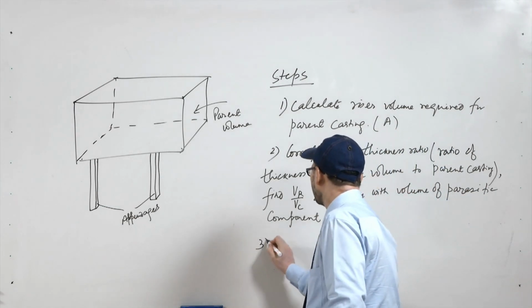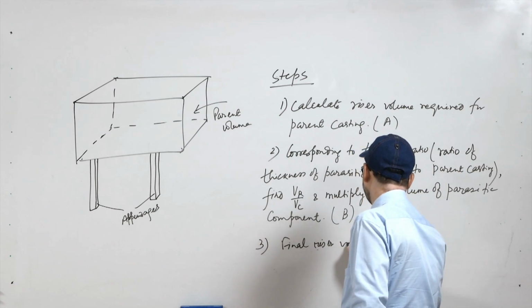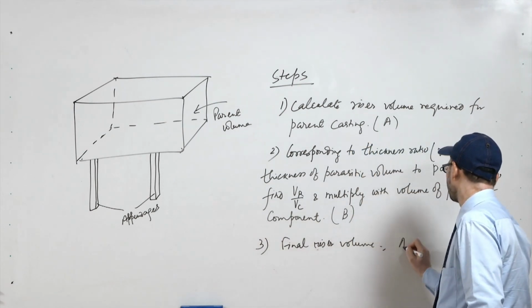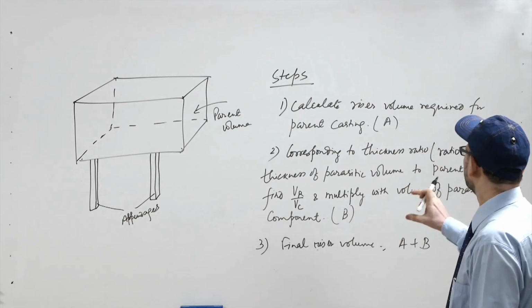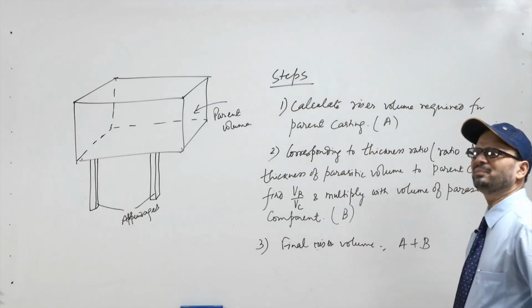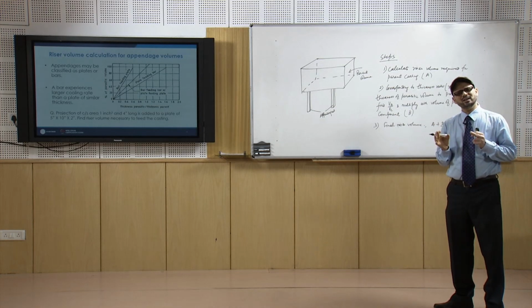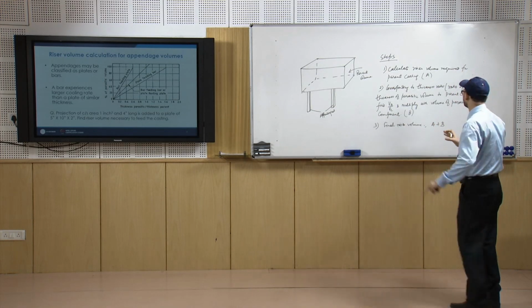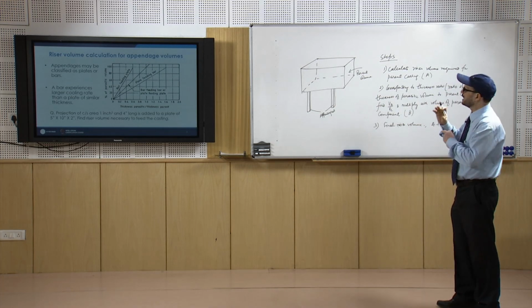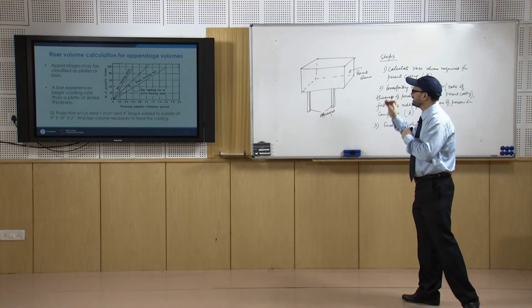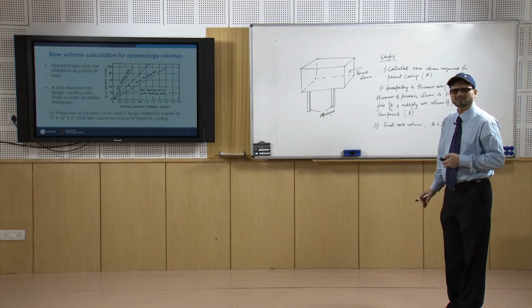So, the final riser volume will be A plus B. Once you get that, based on the kind of riser you want, a cylindrical riser with h equal to d or h equal to 2d or whatever condition, you can find the riser dimensions. This is how the requirement of metal for the appendage volumes can be met using the shape factor method.